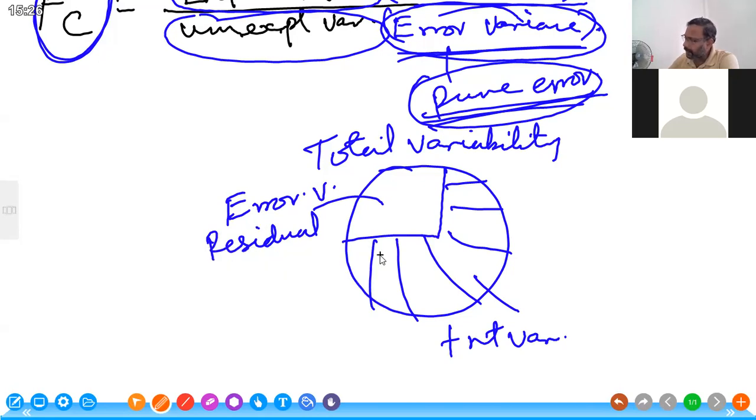Here we need the residual or error variability, of course, but unnecessarily, we don't want to increase the error variability. Error variability should be there, but that error variability should be due to pure error which we cannot explain. For example, look at here.